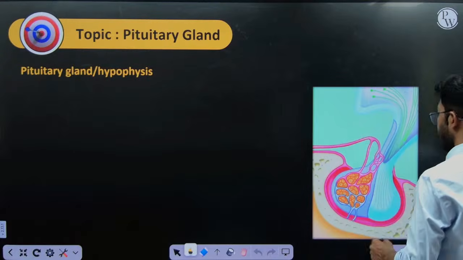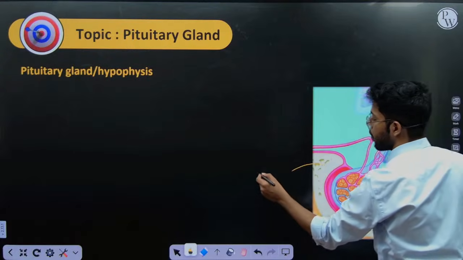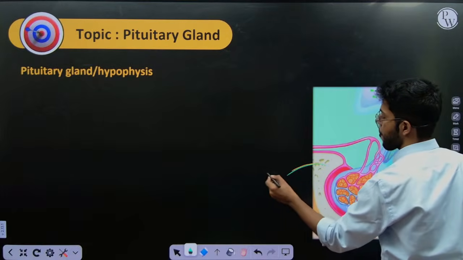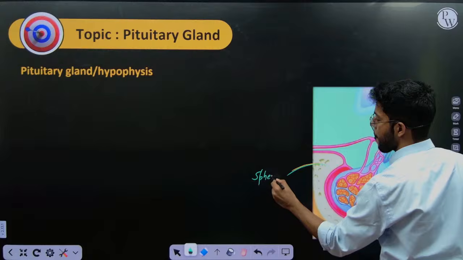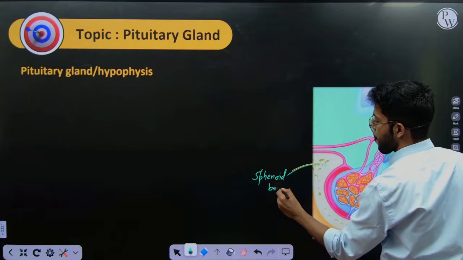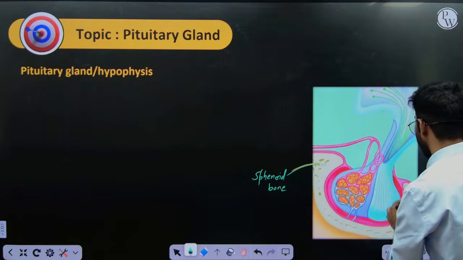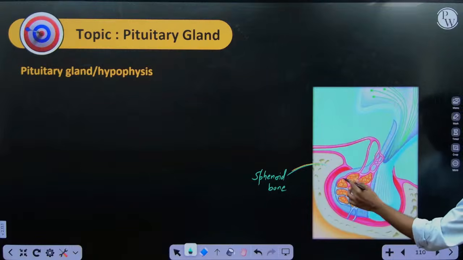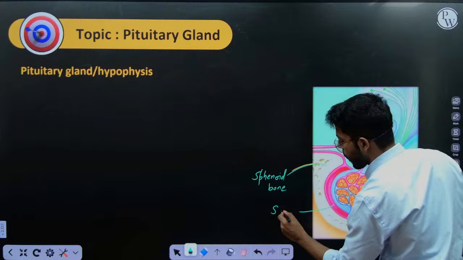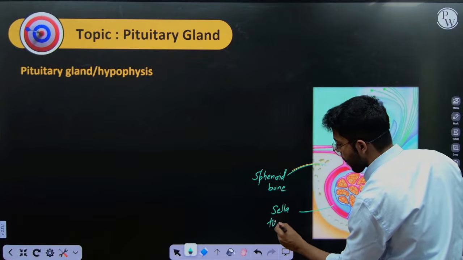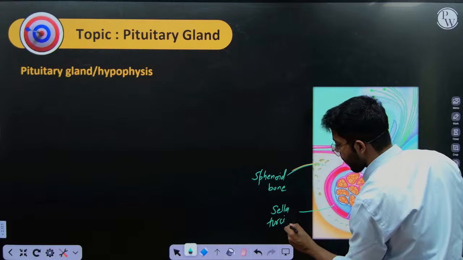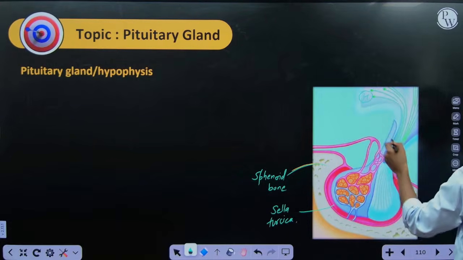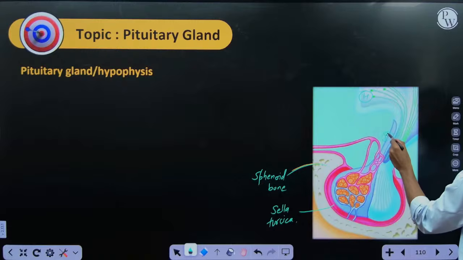Now this is the pituitary and this is the sphenoid bone, and this cavity, the depression inside the bone, is known as the sella turcica. And this is the hypothalamus region, and this is the infundibulum, a stalk-like structure.